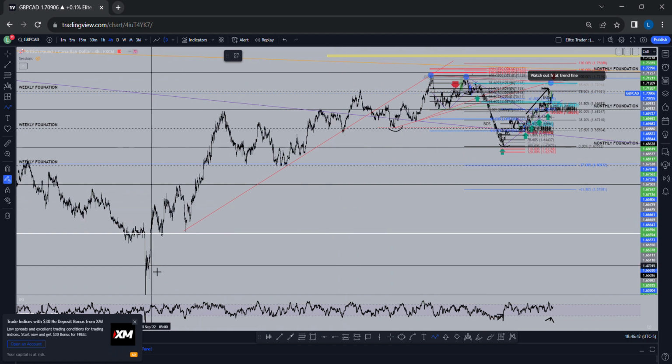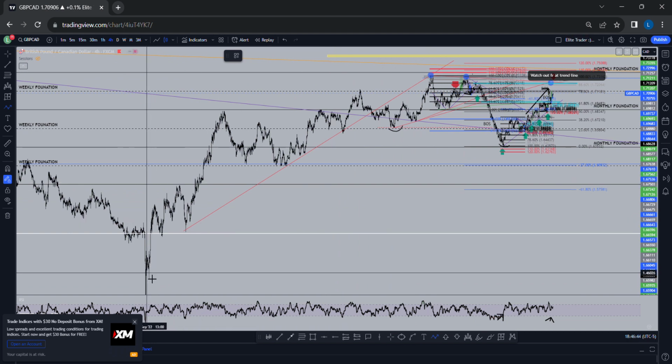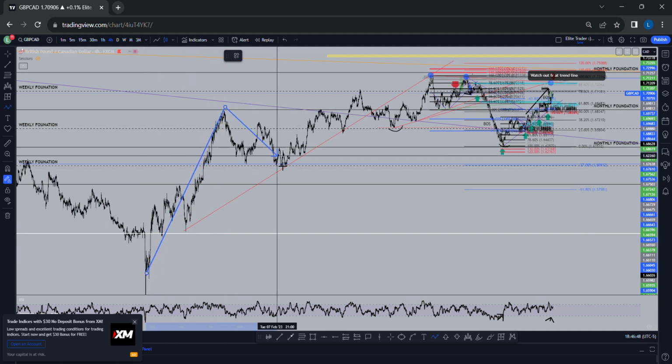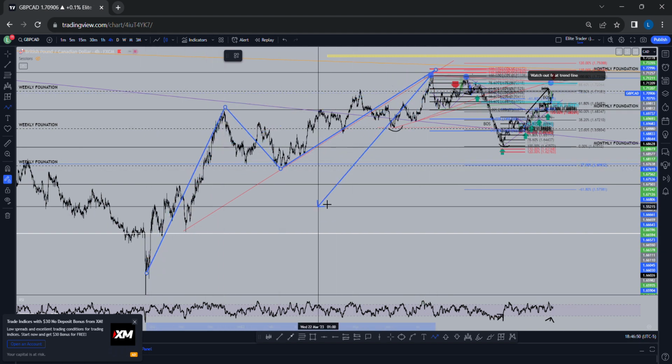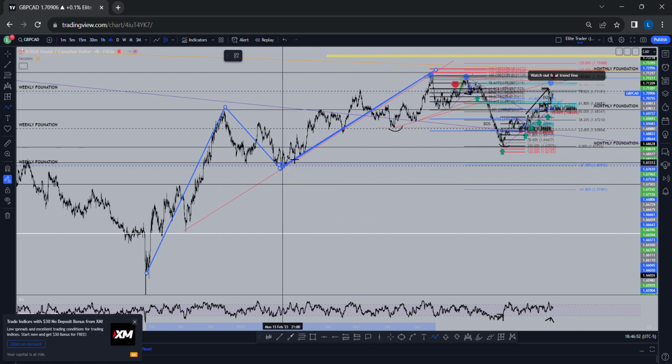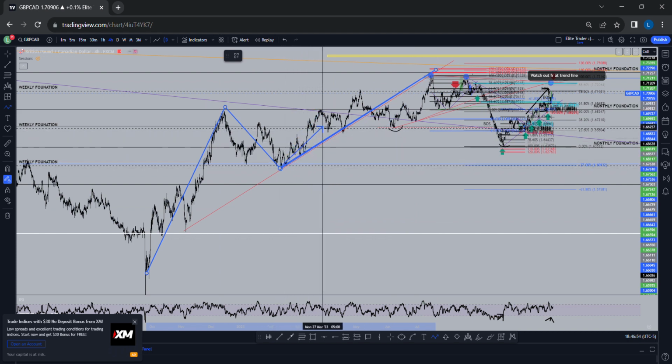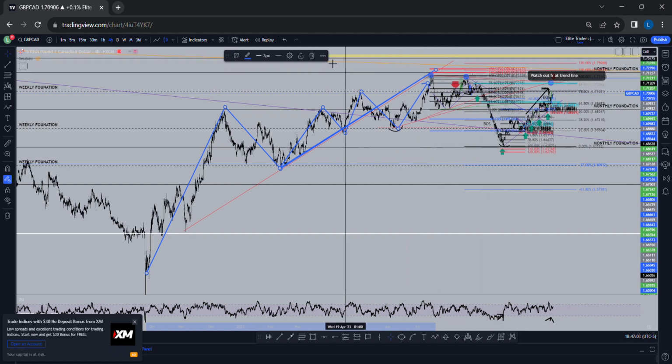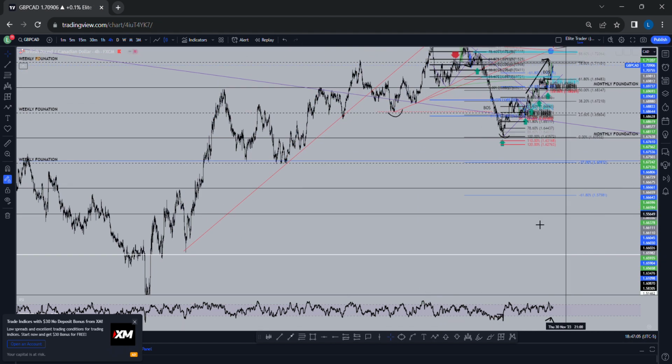So just keep that in mind. For instance, we have this bullish leg, this impulse, correction, continuation. However, within this particular leg, we also do have market structure. Again, this is the impulse, there's a correction, there's a continuation, there's a correction, there's a continuation. So I just need you guys to keep that at the back of your heads.